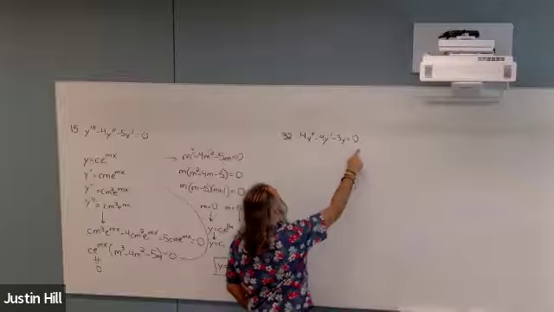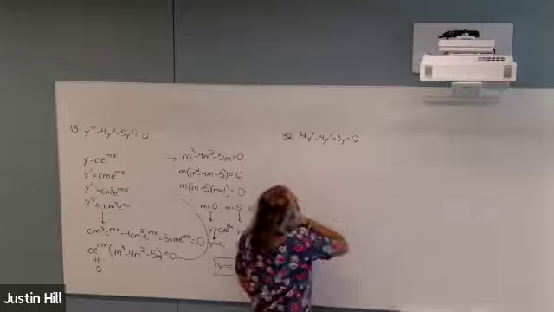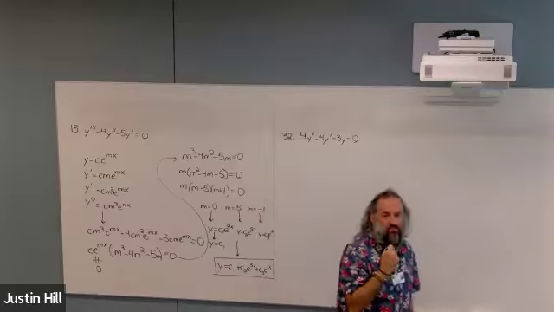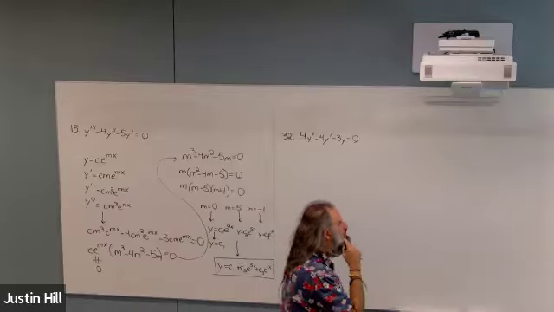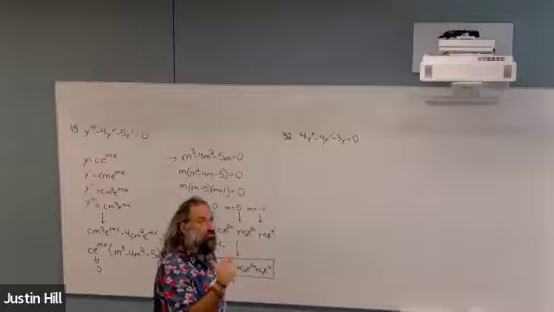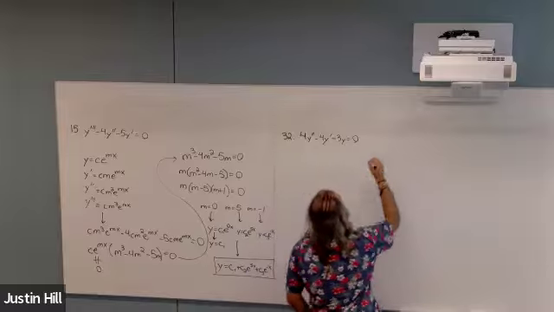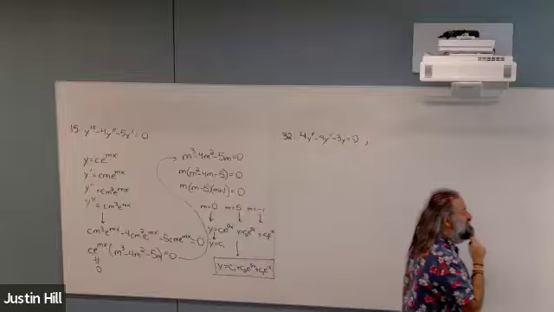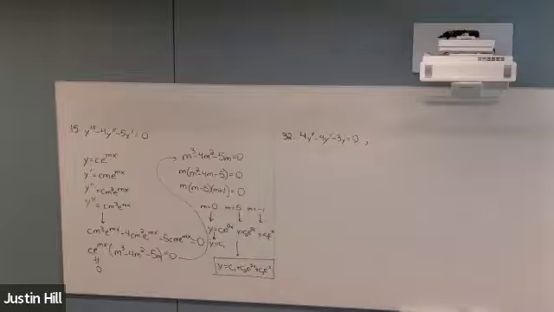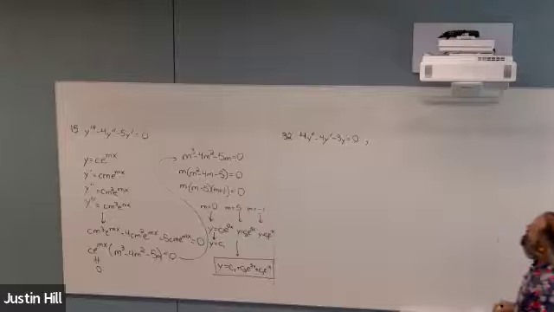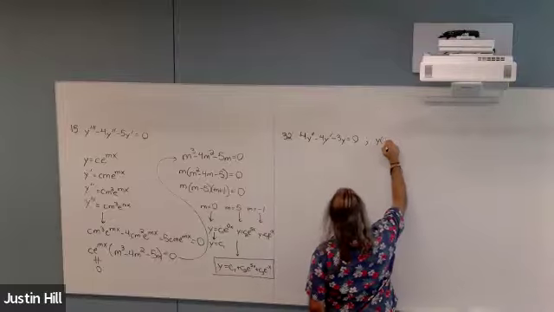Again, homogeneous linear second order in this case. So we expect two solutions to make up our general solution. In addition, they're going to tell us these bits of information. They're going to tell us that y of 0 equals 1.